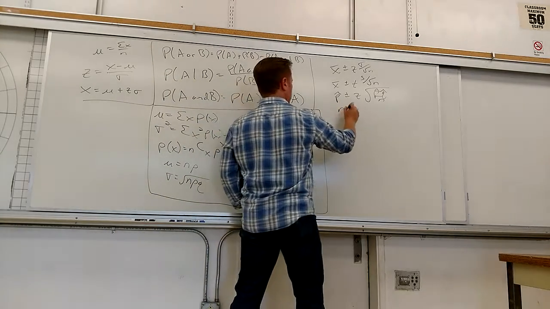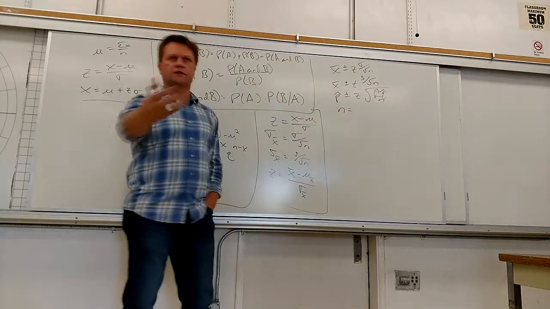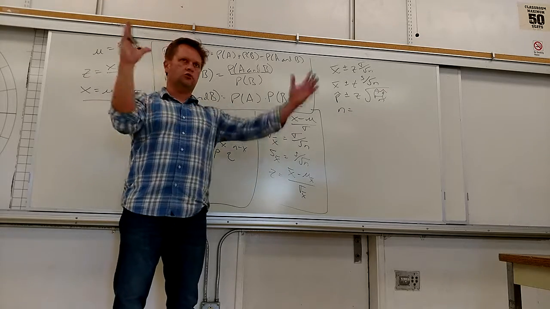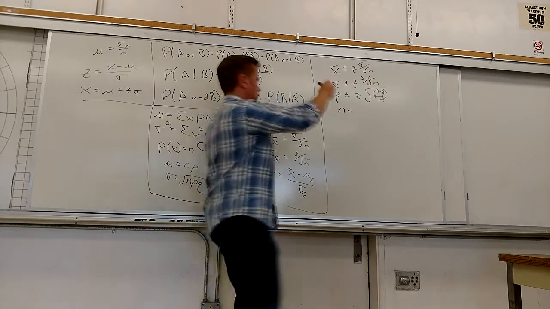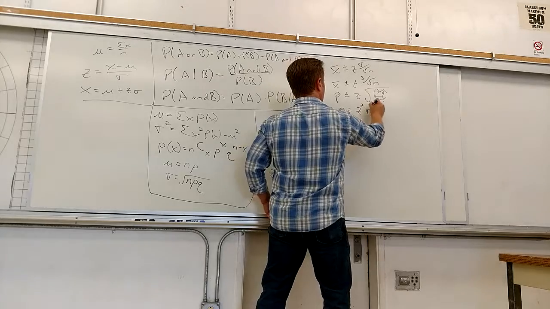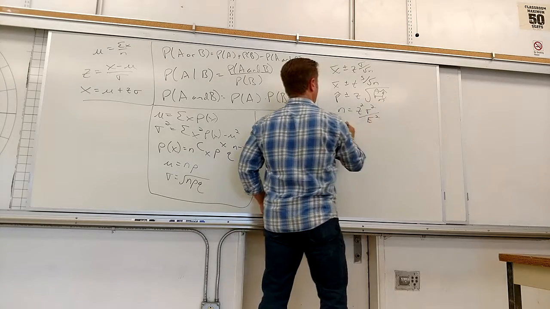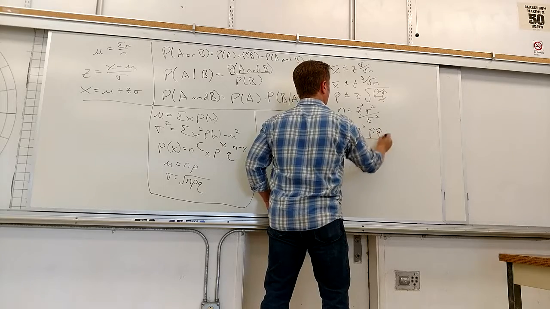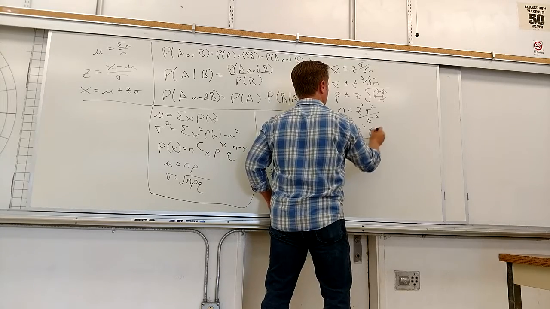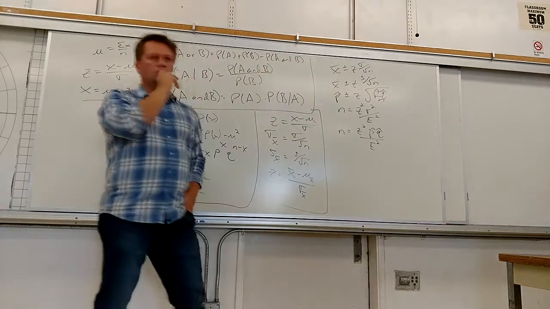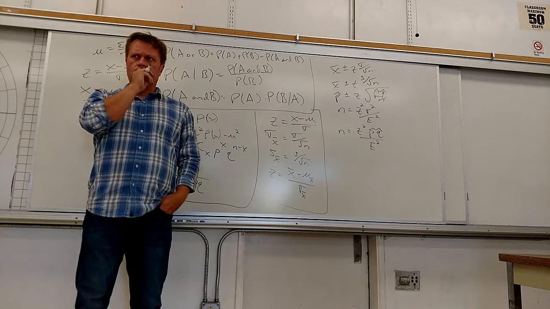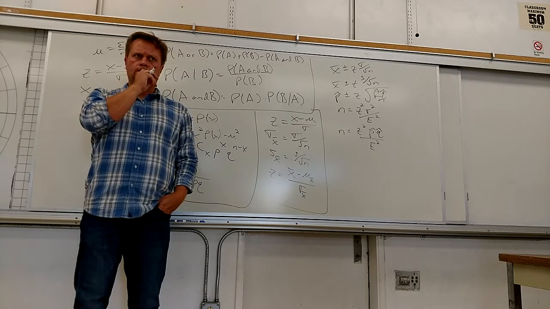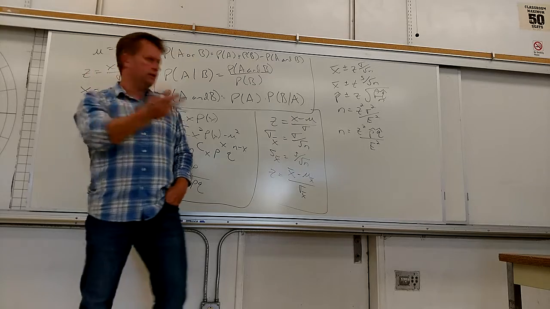And the 2 other formulas are for if I want to know how large of a sample I have to take to control my error. That's confidence interval stuff.